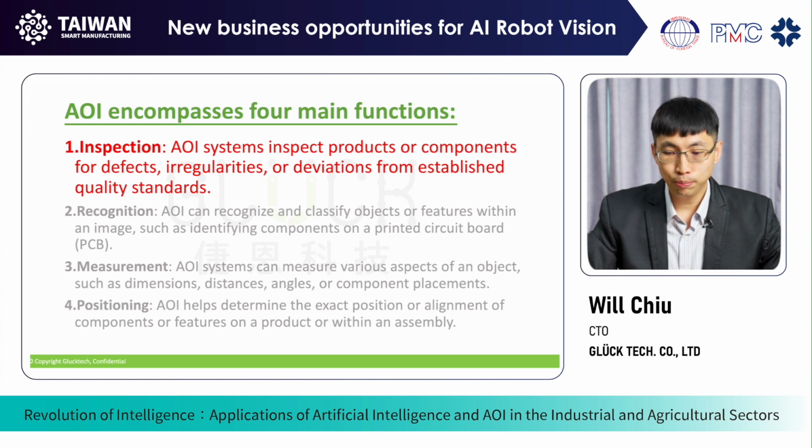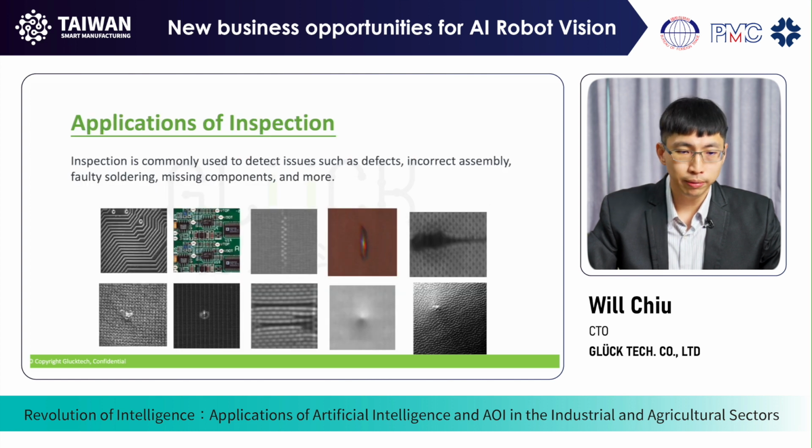AOI systems inspect products or components for defects, irregularities, or deviation from quality standards. This function involves detecting visual anomalies and identifying areas that require further examination. I will show you some cases about the inspection area. Application of inspection is a critical step in modern manufacturing.